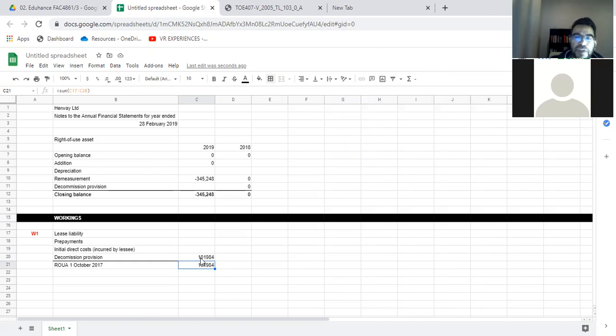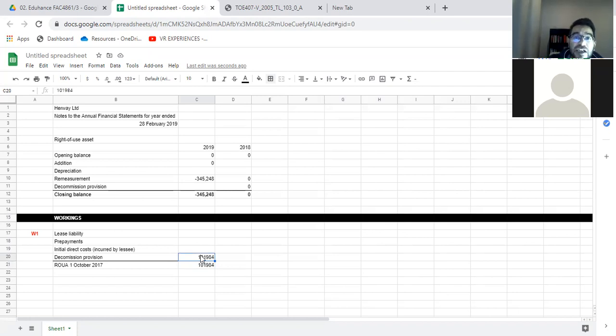Now remember, I told you that in subsequent measurement, there are two sets of journal entries, one relating to the right of use asset and one relating to the lease liability. The right of use asset is depreciated, that's correct. But what you must not forget is that you have a decommissioning provision.